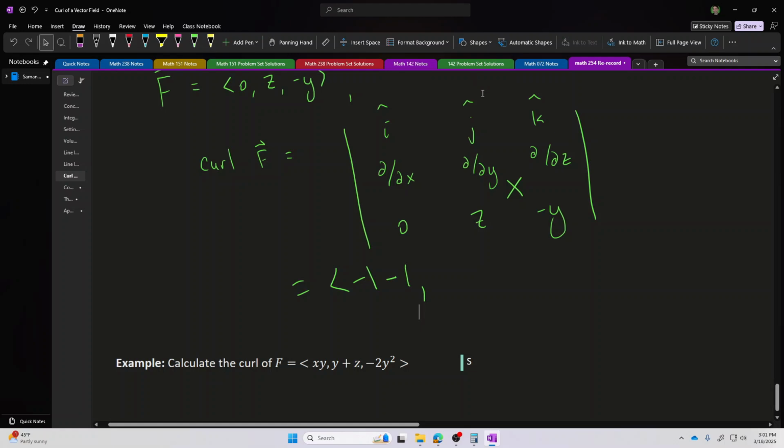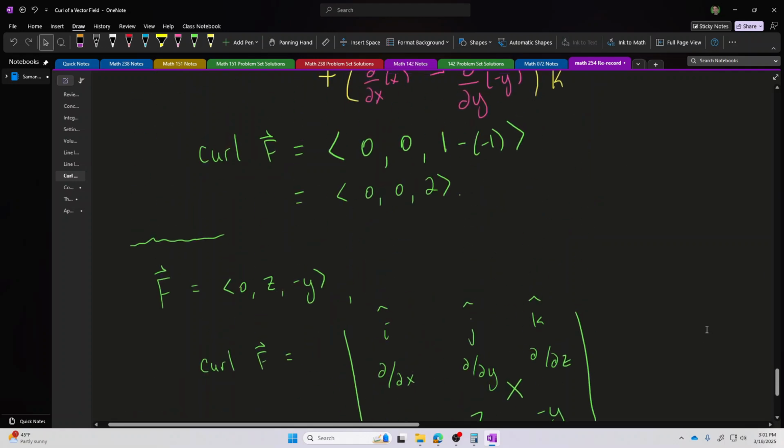Then the j hat entry would be, looks like 0. Derivative of negative y with respect to x is 0. Derivative of 0 with respect to z is also 0. And then in the z component, we would have 0 minus 0 again. So the curl of this simple vector field would have negative 2 in the x component and zeros elsewhere.